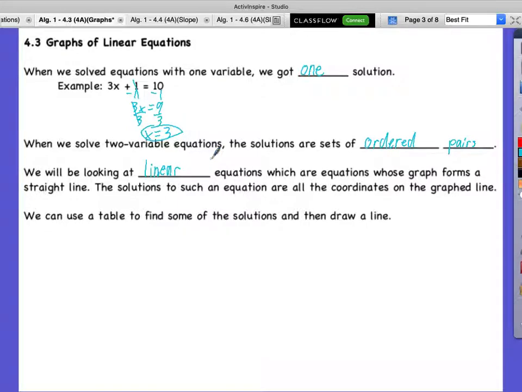If you look at linear, do we kind of see the word line inside of there? Yeah, you see line, okay? So these form a straight line. The solutions to linear equations are all the coordinates on the graph line. So we'll end up having a straight line, and every single coordinate that fits on that line is in fact a solution. We can use a table to find some of the solutions and then draw a line.